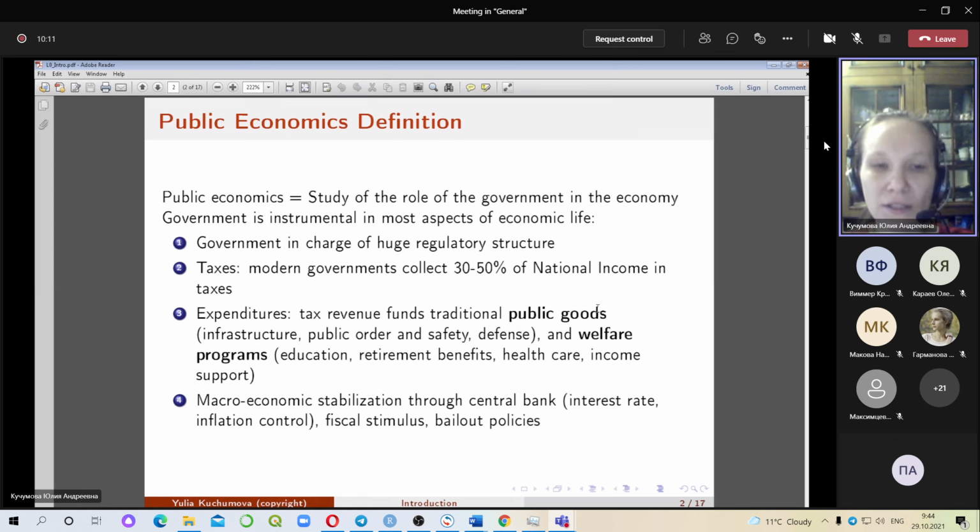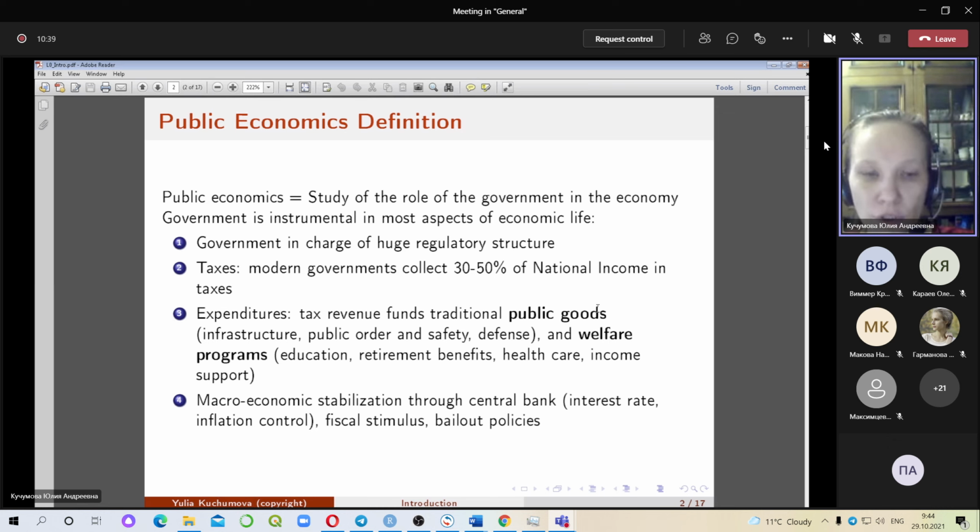And taxes are the money, the finance that the government can then use for different expenditure programs. That includes traditional public goods like infrastructure, public order, safety, defense, and also various welfare programs like education, retirement, healthcare, and different income support programs. Also, the government is in charge of macroeconomic stabilization.